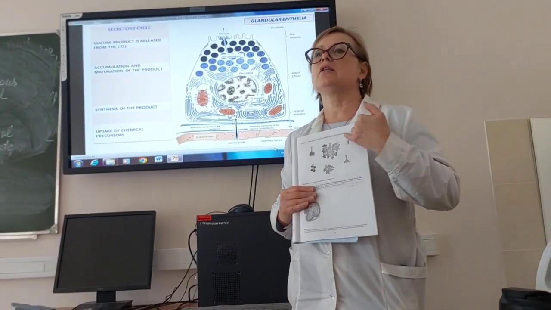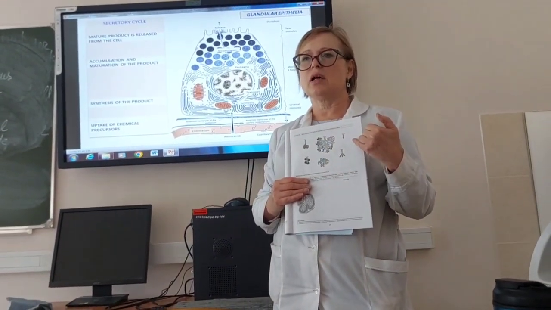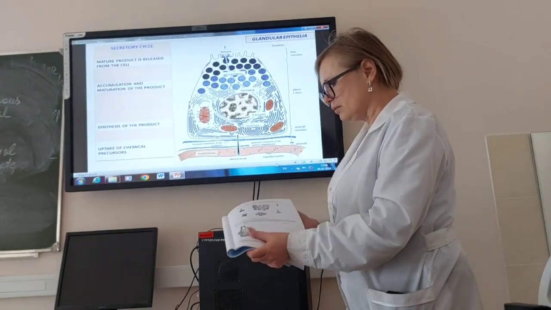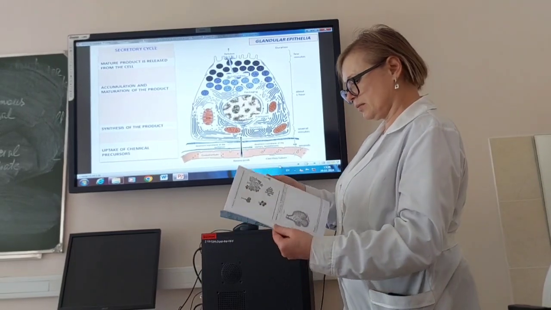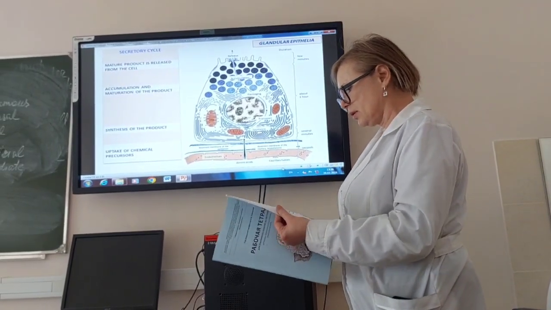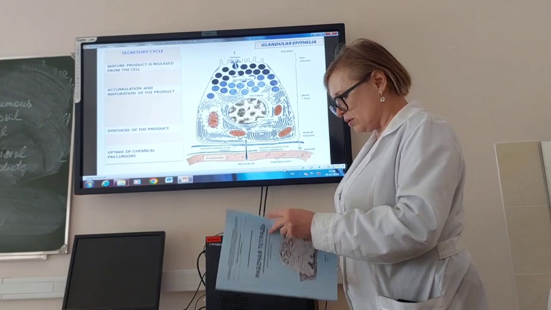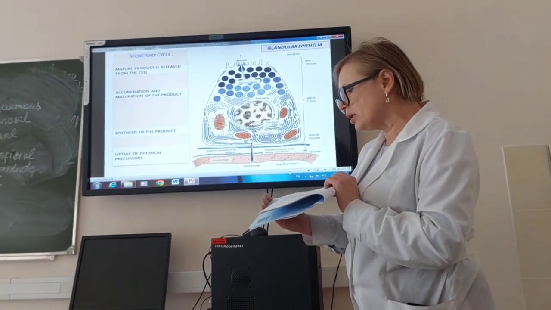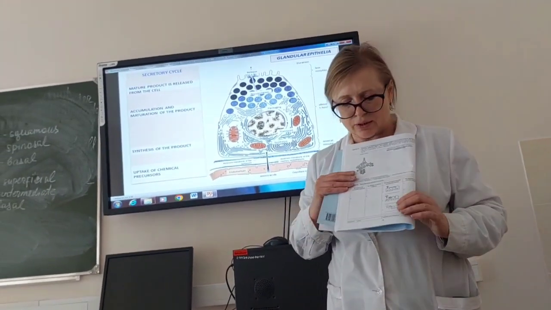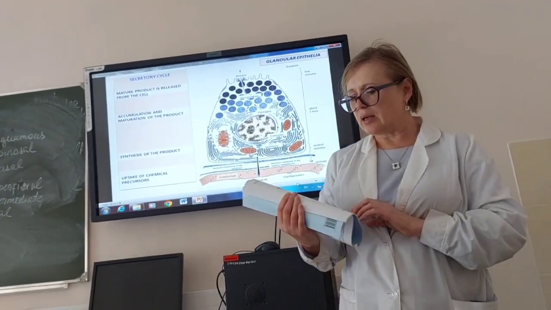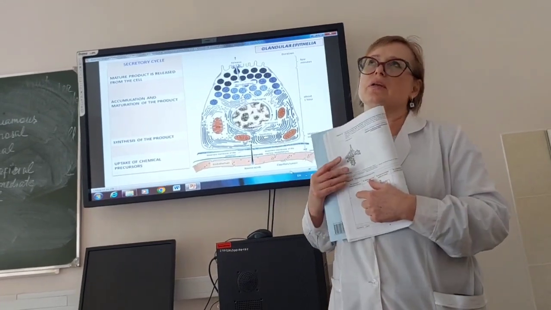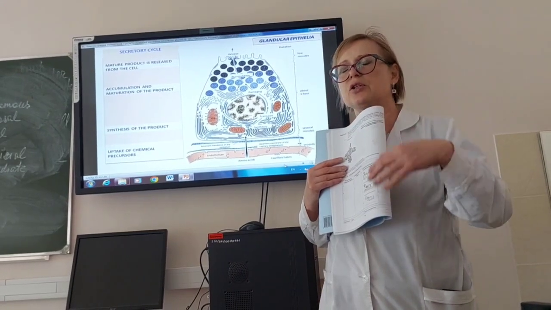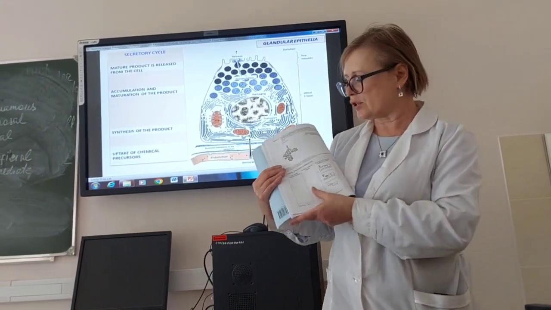You can see different types of glands, and your task is to classify each of them. That's all. And 38. You can see a table, and this table is in relation to the classification of glands.